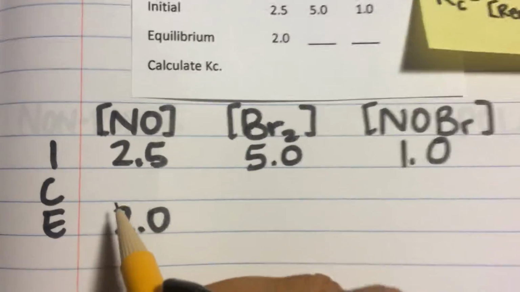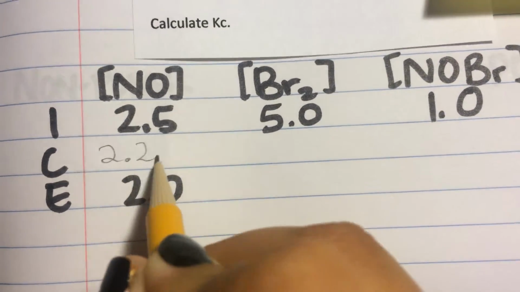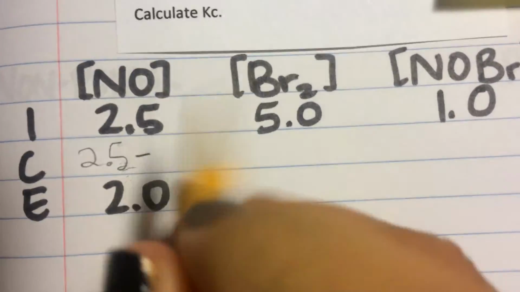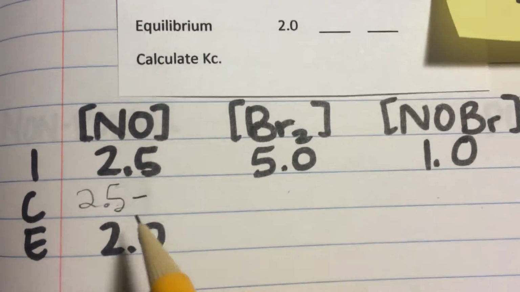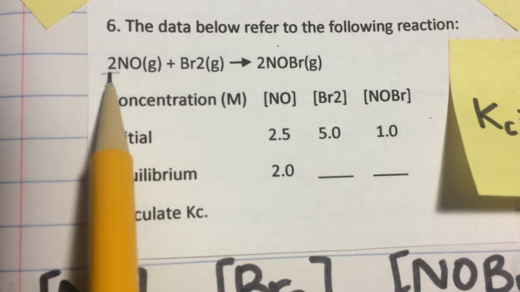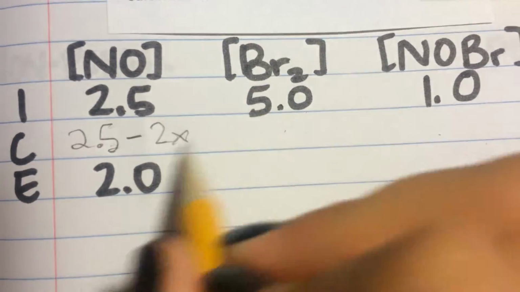So the change that I'm going to be looking at is going to be 2.5 minus, and right here I put minus because the concentration is going to be lost. It's going to lose something, and because it has the coefficient of 2, it's going to lose 2 times something.